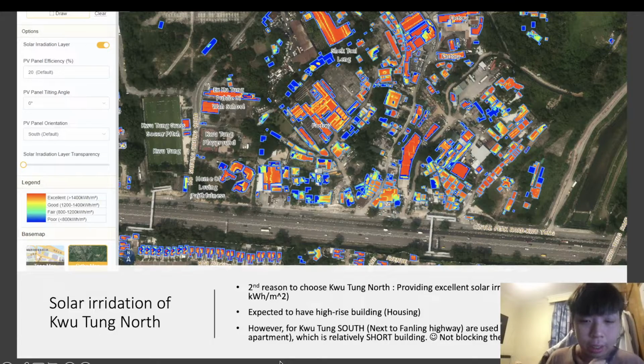And you can see beyond, next to the Fanling Highway, this belongs to Kwu Tung South, sorry, 古洞南. They're most likely used for villas, which are luxury apartments. 通常都係豪宅嚟嘅, which are relatively short buildings and do not block the sunlight.